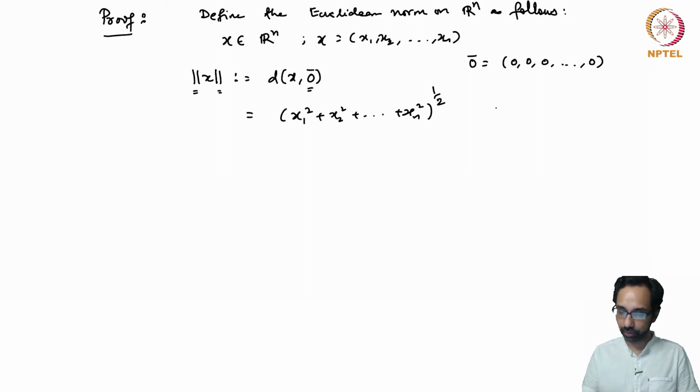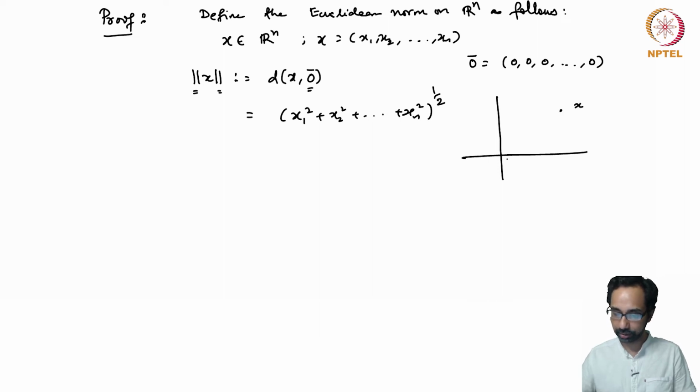So if you think of R2, then any point x has the straight line distance from the origin (0, 0). So this is (x, y), say.